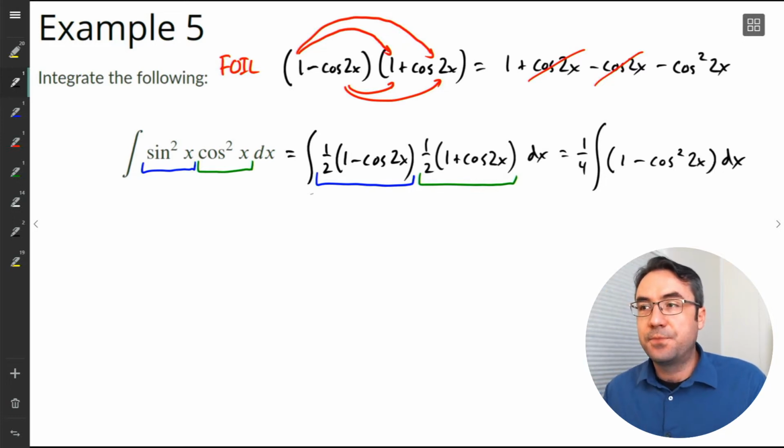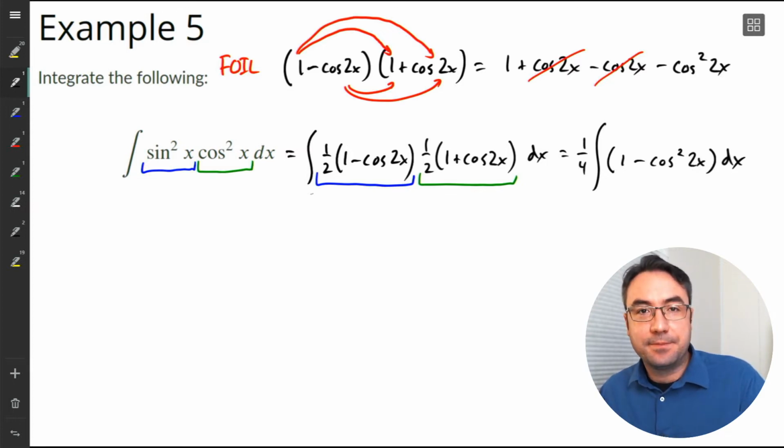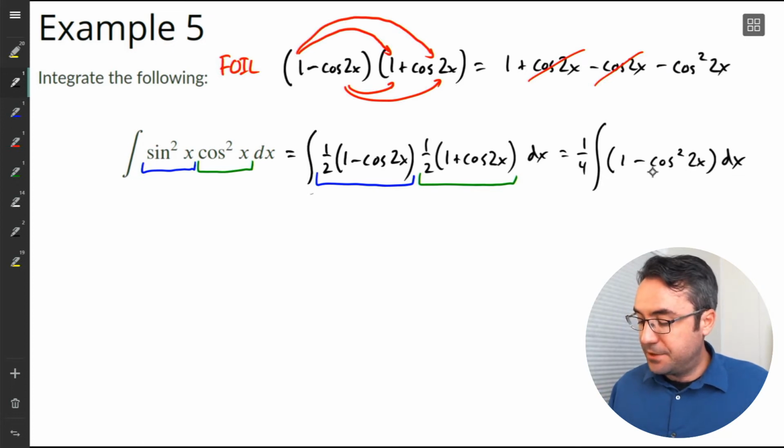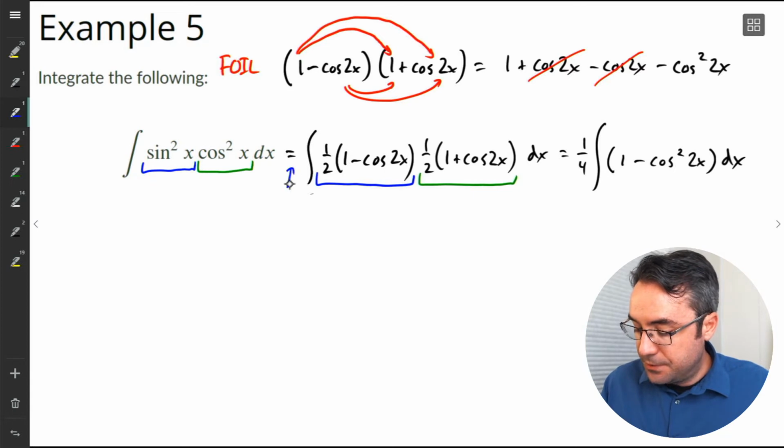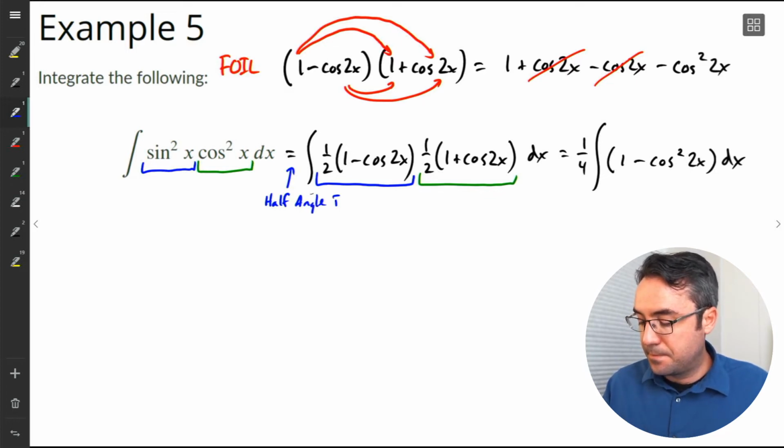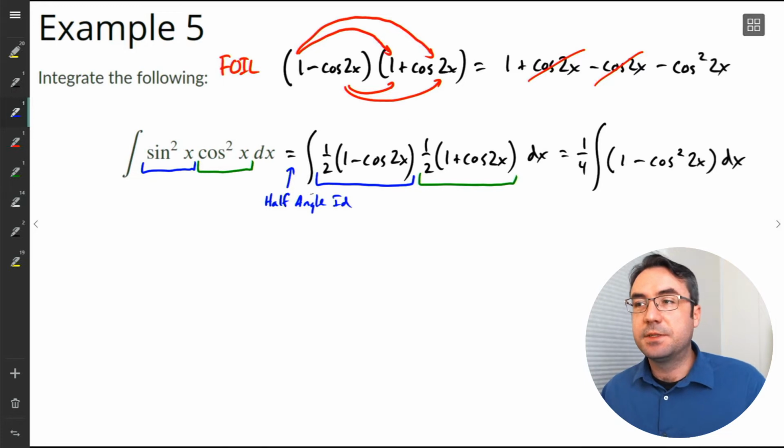All right, so that's looking better, but we still have another even power, so we have to go through it again. We have to use another one of our half angle identities. We used our half angle identities here and we multiplied everything out.